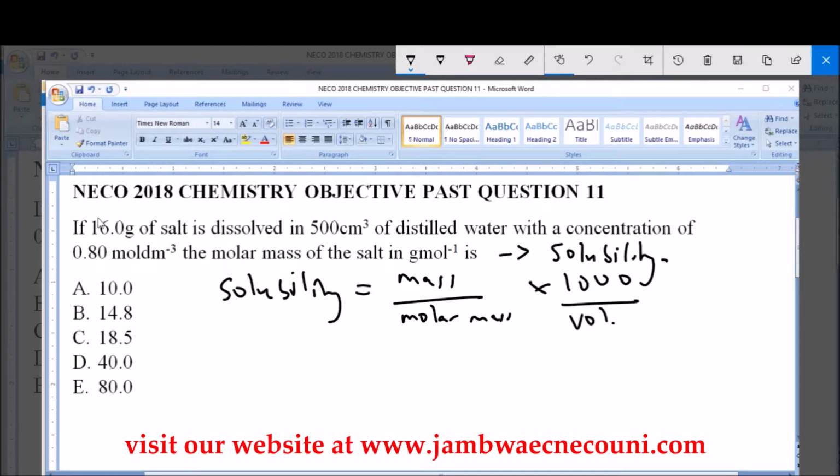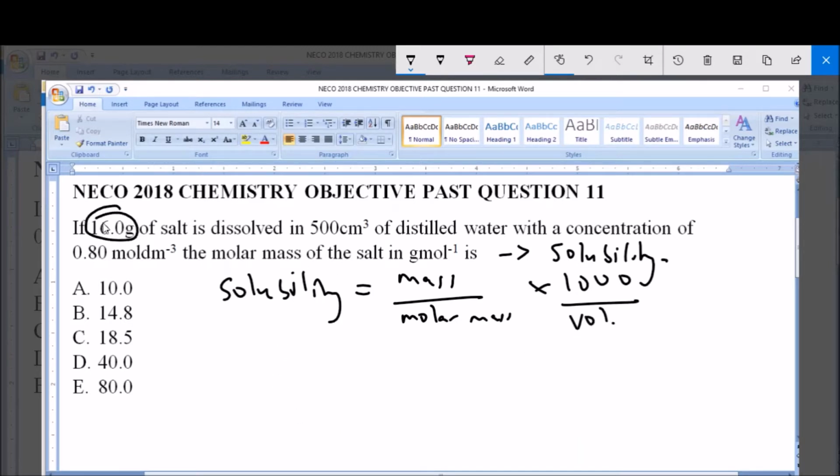So here we are given the mass of the salt, the volume of solvent, the volume of distilled water, and we are given this concentration, which is the solubility. Solubility is measured in moles per dm cube. Now we are asked to find the molar mass of this particular 16.0 grams of salt. So all we need to do is to substitute and then make the molar mass the subject of the formula, and we get our answer.